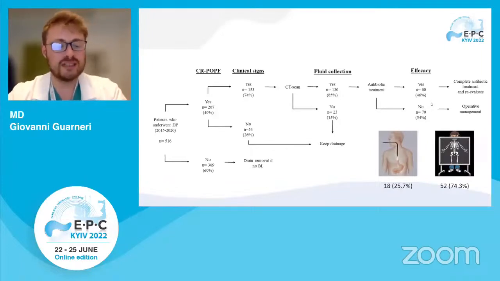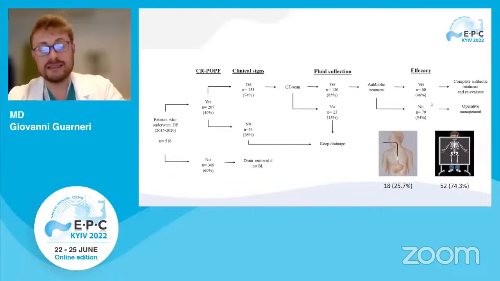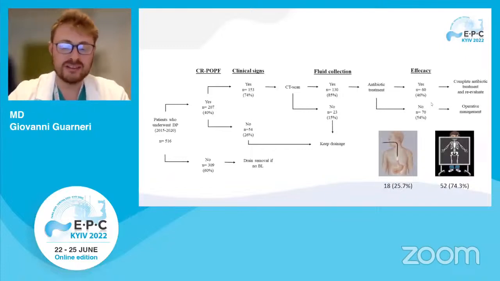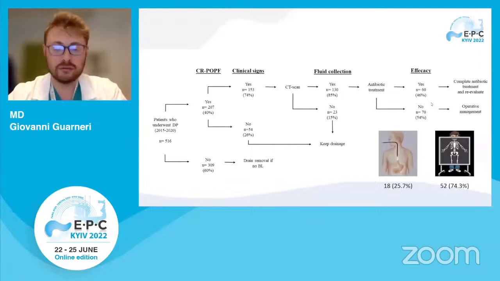The first line of treatment was antibiotic therapy, which was effective for 60 patients, while in 70 patients, an operative management was needed, and it was performed radiologically for 52 patients and endoscopically for 18 patients.